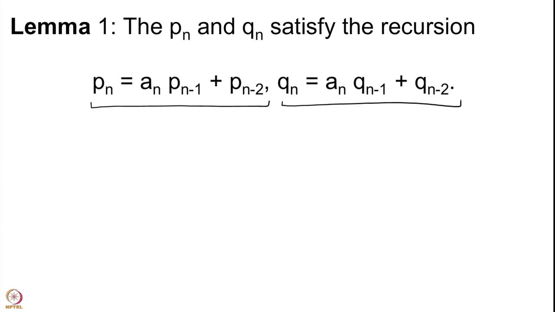Once you know how to construct P0, Q0 and once you know what is a1, then you should be able to construct P1, Q1. Once you know how to construct P1, Q1, P0, Q0 and you know a2, then you should be able to construct P2, Q2.